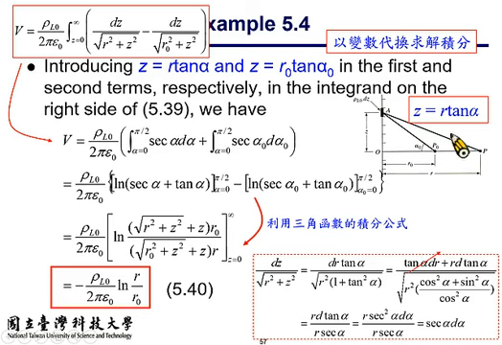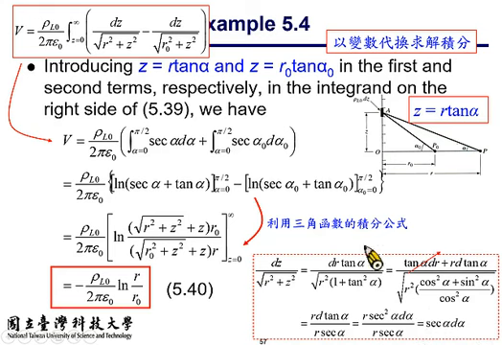So z squared can be replaced with r squared times tangent alpha squared. And using some relationships of trigonometry, we can have this result. That is, dz over square root of r squared plus z squared can be replaced with secant alpha d alpha.